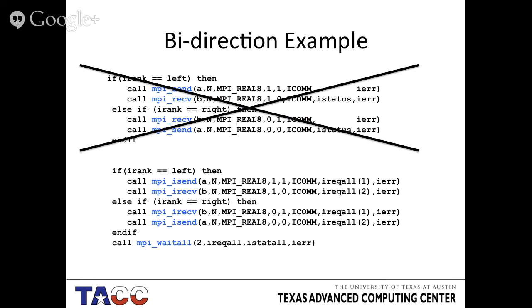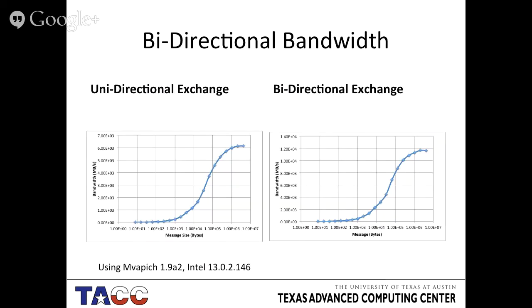Now, in the second case, when you use asynchronous calls, both messages are going to be traversing the wire simultaneously, which means that you can almost get twice your usual memory bandwidth. And so this is a test I ran a couple of days ago in Stampede with the default MVAPICH stack.